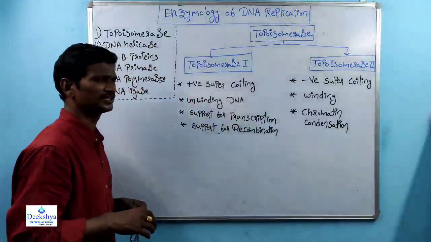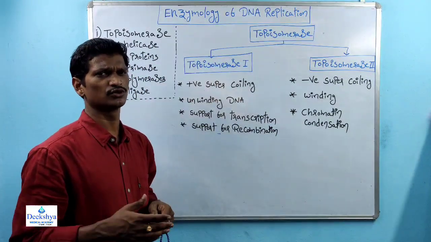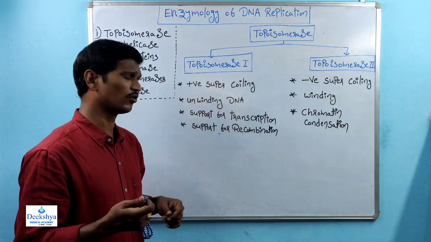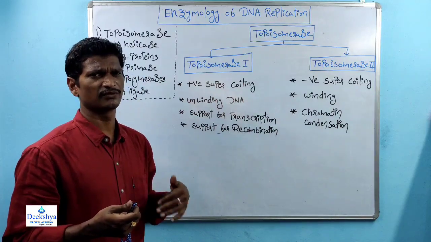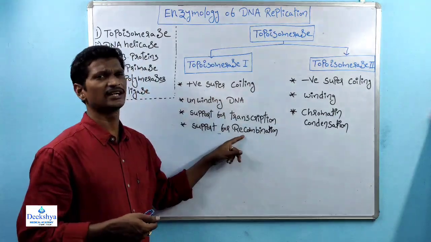So the DNA is shifting from one chromosome to another. The homologous sequences are shifting from one chromosome to another. The process is called recombination.